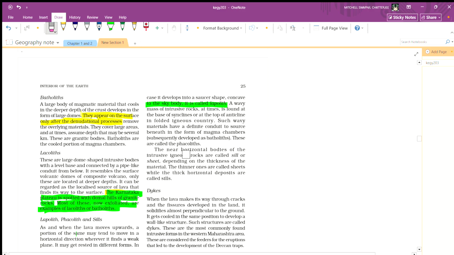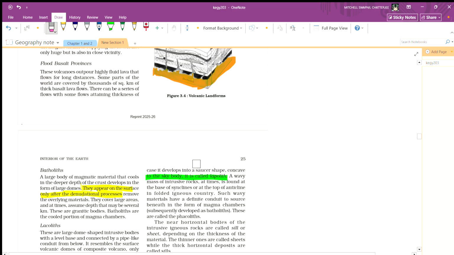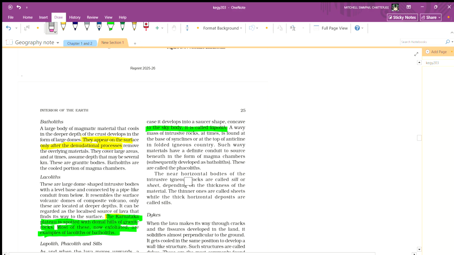Near horizontal bodies of intrusive igneous rock are called sills or sheets. Depending on the thickness of the material, the thinner ones are called sheets, while the thicker ones are called sills.